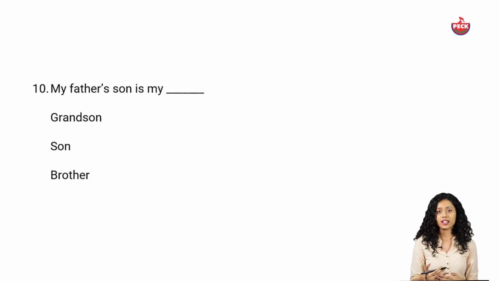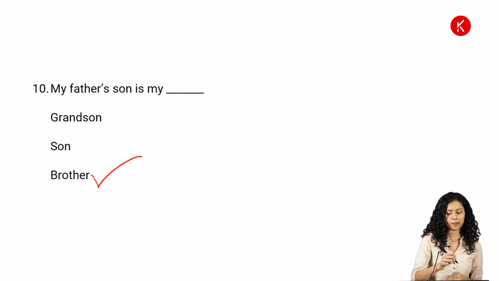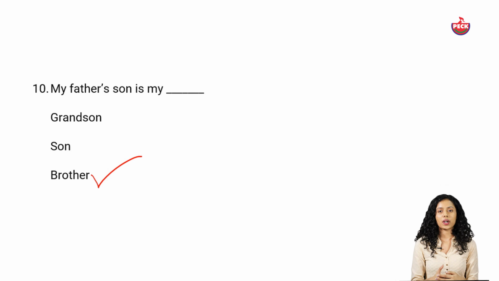My father's son is my blank. Who is my father's son? So my father's son and I have the same father. So my father's son is my brother. Now that was wonderful. We've come to the end of this quiz, and I'm sure you're thorough with all the members of the family by now.